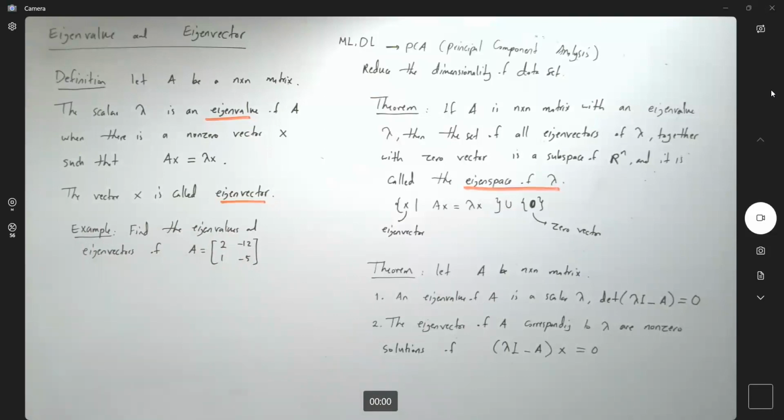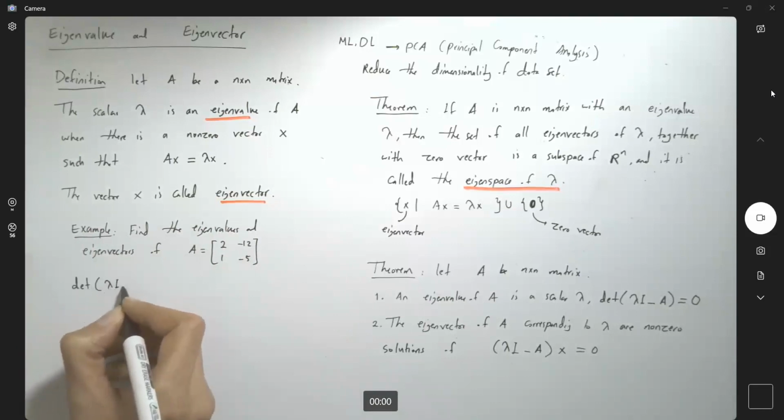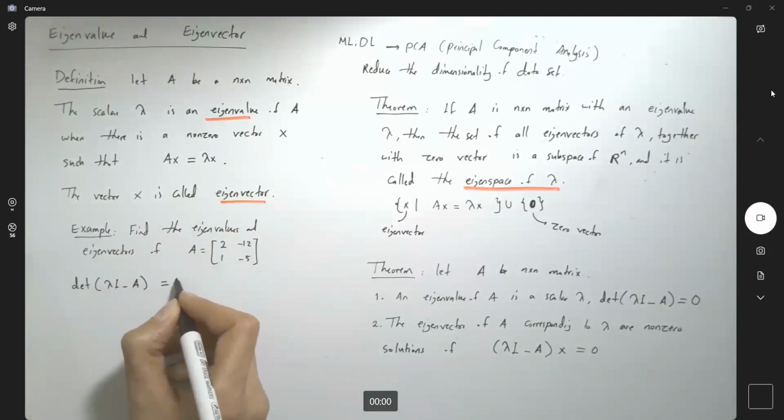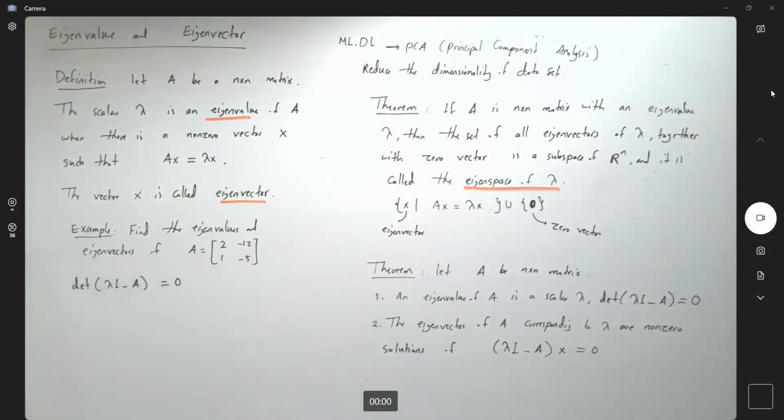Let us begin. We're going to form the determinant of lambda I minus A and set it equal to 0. We are creating something that we call the characteristic polynomial. Let me write it down.